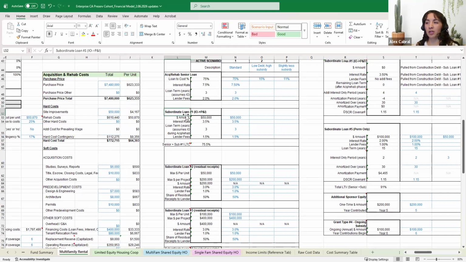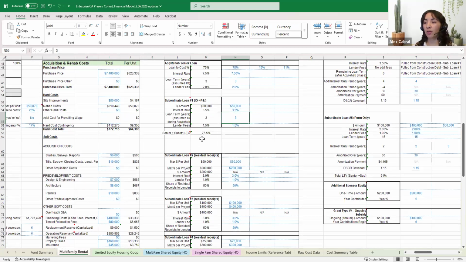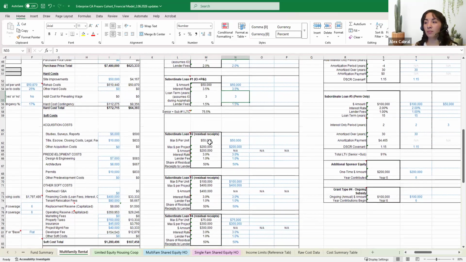If it's the same as the senior loan, it will pay off with the permanent financing.